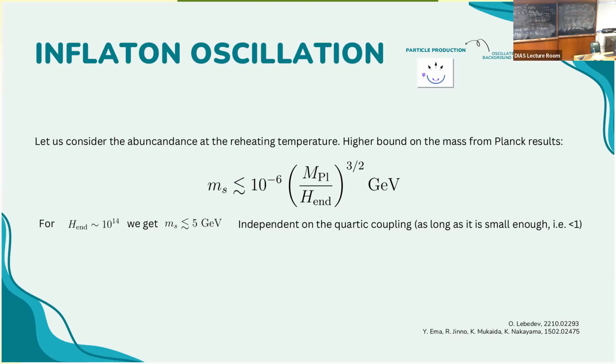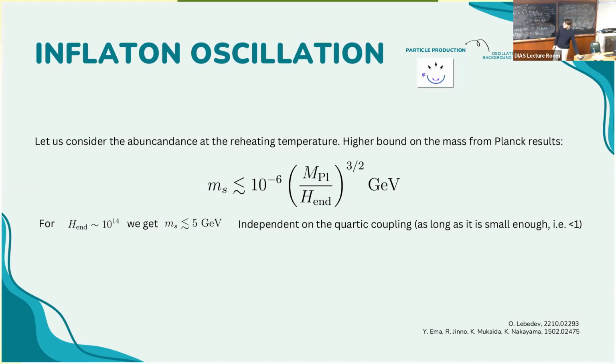You get a bound on the mass of the scalar particle which practically depends only on the scale of the end of inflation. If we plug in 10 to the 14, the mass is already constrained to be lower than some GeV. This is independent of the self-coupling of the dark matter, as long as it's not too big and thermalizes the dark matter.